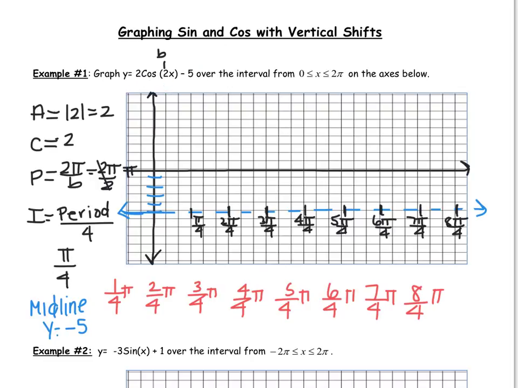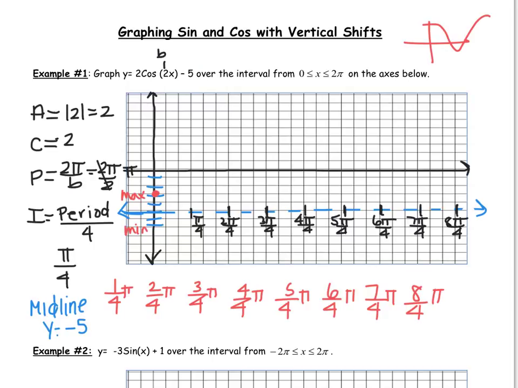So 2 means I have an amplitude of 2 from the midline. So my new maximum is going to be here, 2 above the midline. And that's where I start, because I know a cosine curve starts up at the amplitude and comes back down again. So I'm going to start here, and I have to go 2 below. 1, 2. So this one would be my new minimum, and this one would be my new maximum.